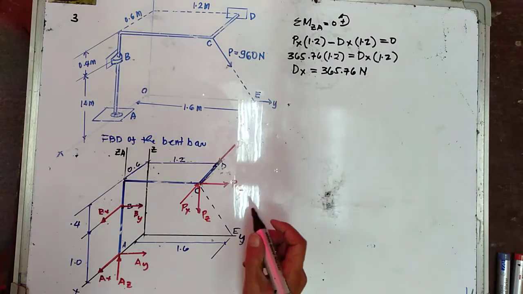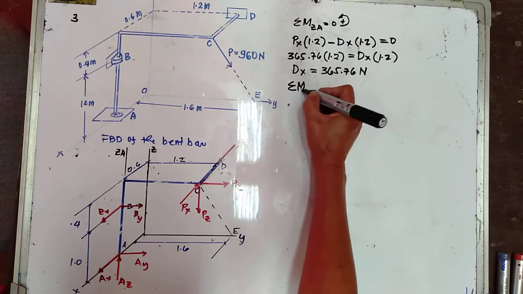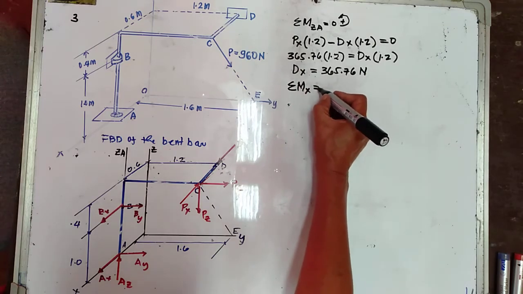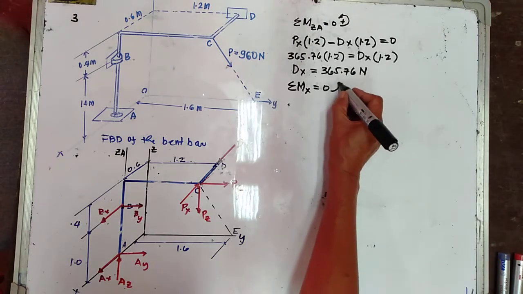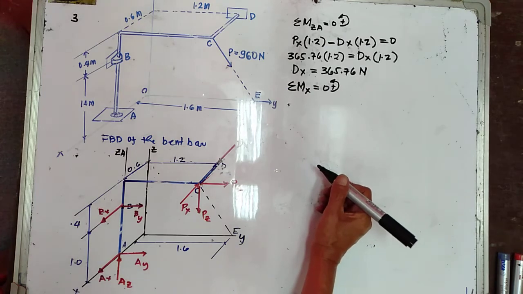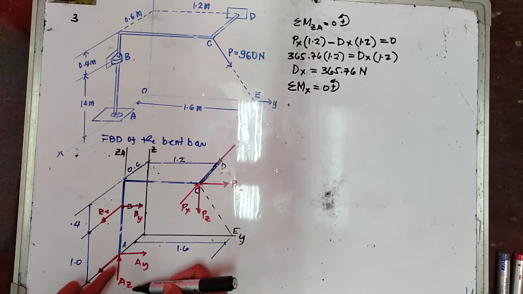Next, let us try to take summation of moment about the x-axis is equal to 0. Again, counterclockwise moment, positive. So this is the x-axis. Again, ax, ay, and az have no moment because they intersect the x-axis.